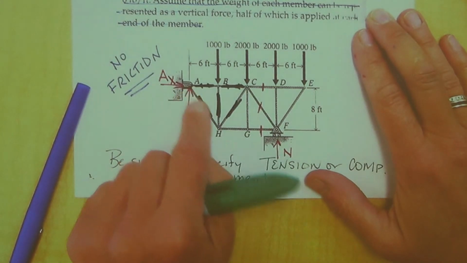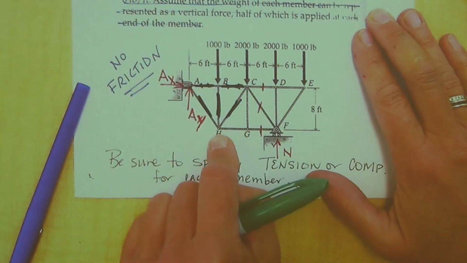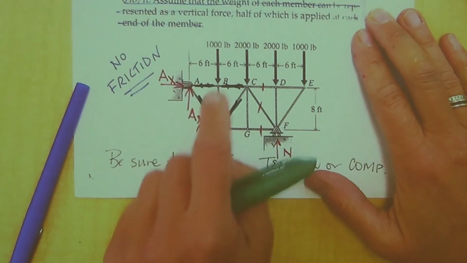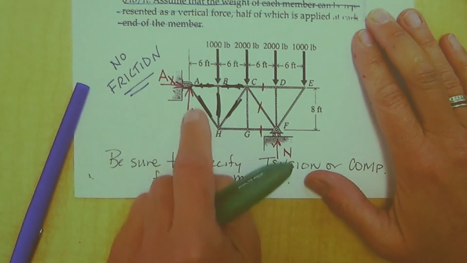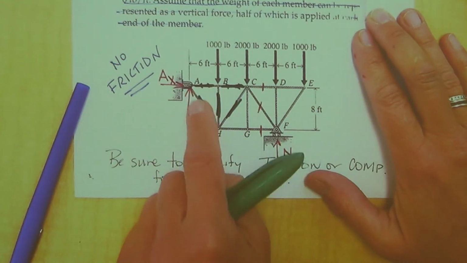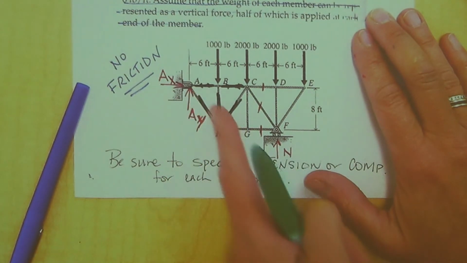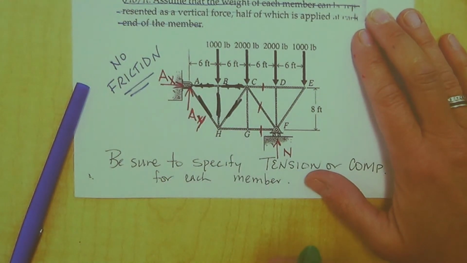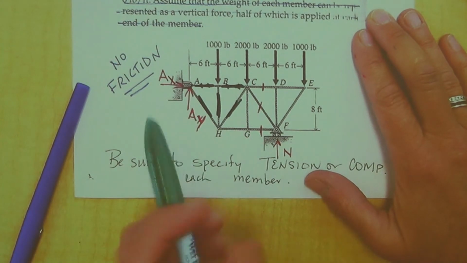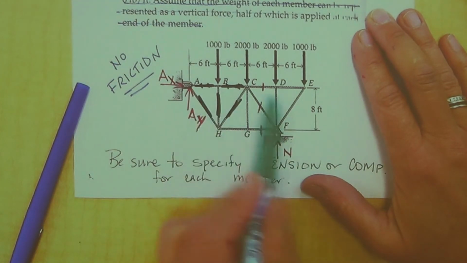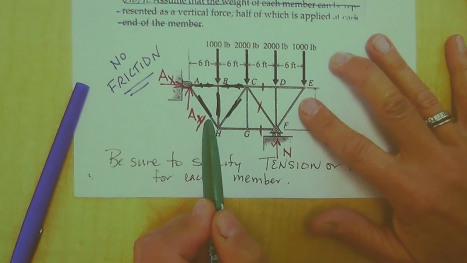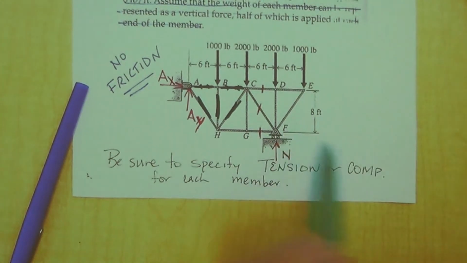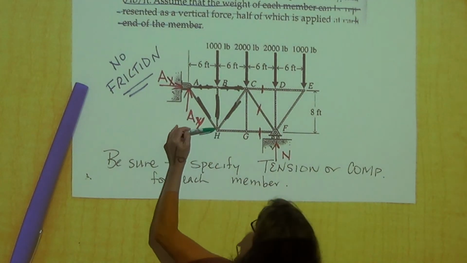So we're looking at 2 force members because each one of these members are only connected on the edges. Which means the force that's going inside this truss is either a compression or tension. It's lying along the line of the member itself. So right now, if I took the whole structure off, these guys are still intact, right?